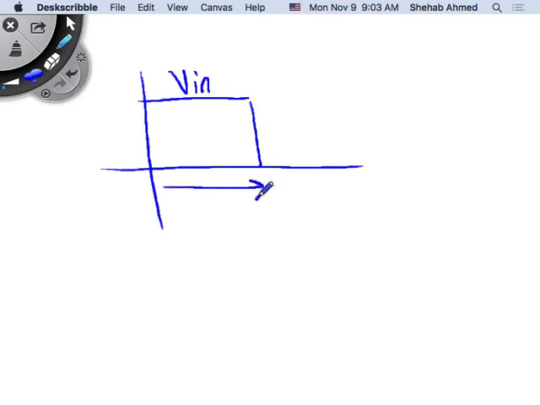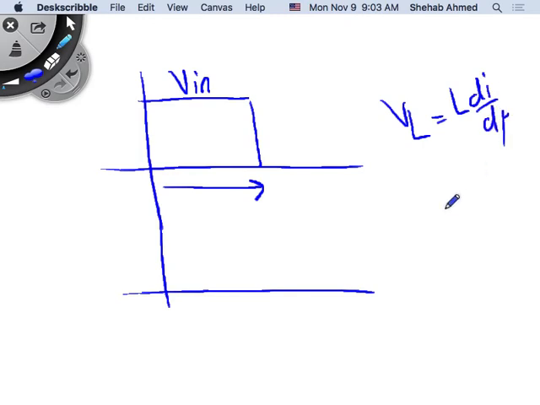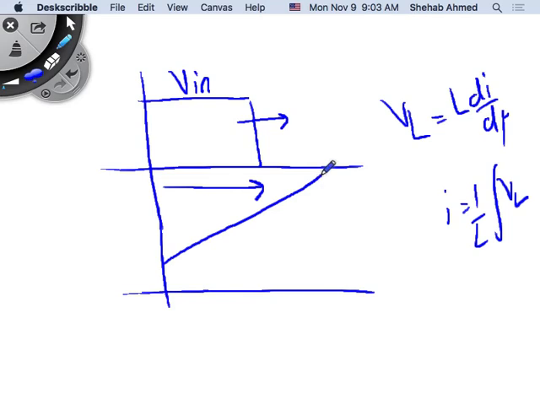the more I increase this, what's going to happen to my inductor current? VL is equal to L di by dt. Inductor current is equal to 1 over L integral of VL. So the more I keep this on, the more I will be able to push current into my inductor. Inductor energy storage is equal to what?